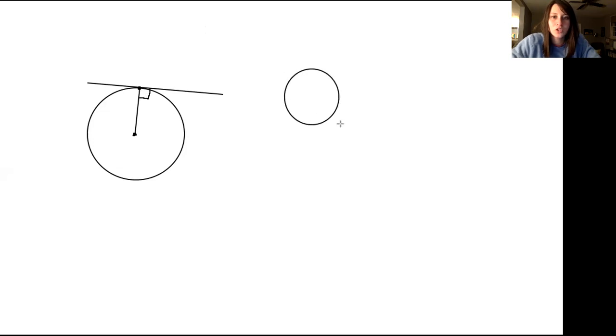So let's just try another one. I know these aren't perfect circles, but I draw my tangent line there, and my center is right here, and I connect it to the point where they intersect. Doesn't that look like a right angle? I know it's not a perfect drawing, but this is a right angle.